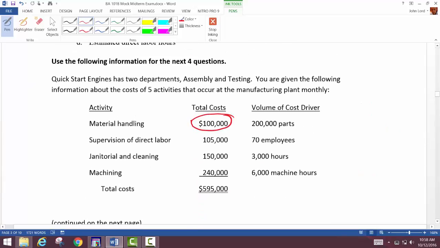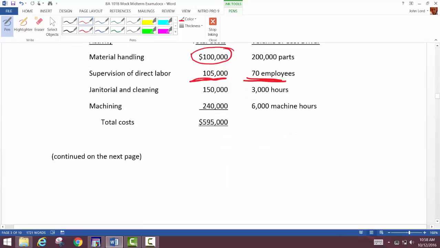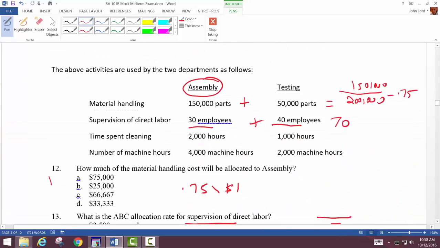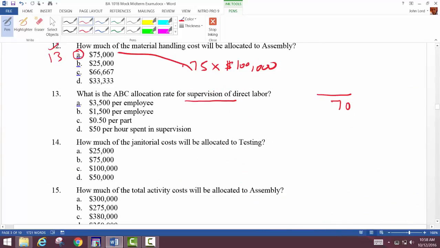For the supervision, the cost is 105. I didn't even need to do the math there. They gave me the 70 employees, didn't they? Okay. And so if I take the 70 employees and I divide it into $105,000 of cost, that gives me what here per employee? 1,500.